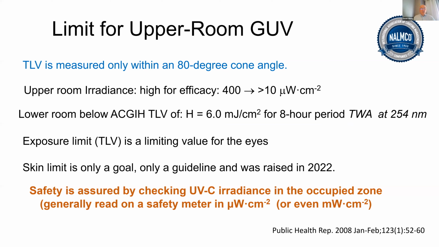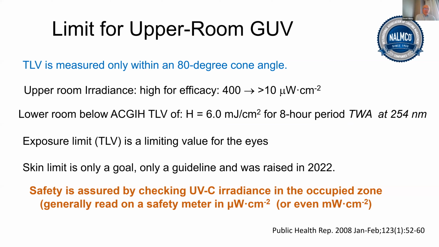So how do we apply these limits for upper room germicidal UV? Now, something we haven't mentioned is that when you make a measurement to determine whether you're exceeding a threshold limit value, you really need to only measure over an 80-degree cone angle.